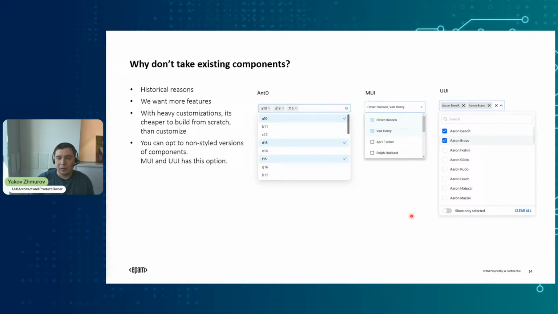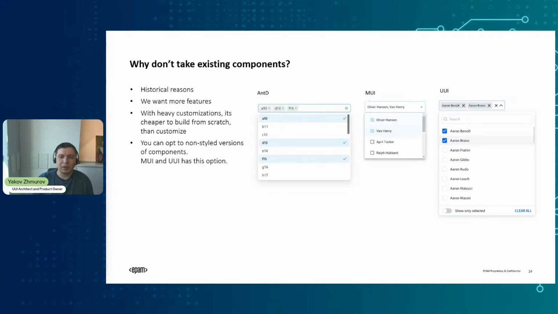Was it necessary to build our own set of buttons and inputs from scratch? In our case, we started when there were no good existing libraries. But in general, this choice largely depends on whether your design and product teams are ready to compromise. So it's not really a technical question. It's more about whether you want to save effort or you want to have exactly what you want.